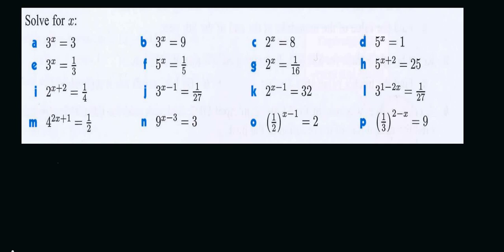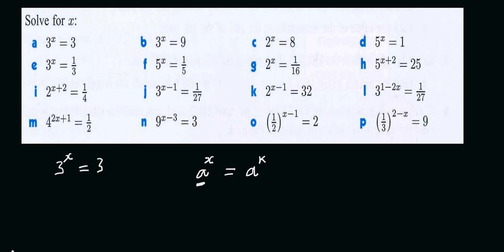We have 3 exponent x is equal to 3. Before we continue with this, I want you to understand that if you have a exponent x equal to a exponent k, a is the base, and we also have the same base on both sides.